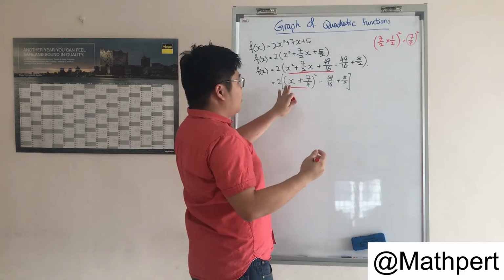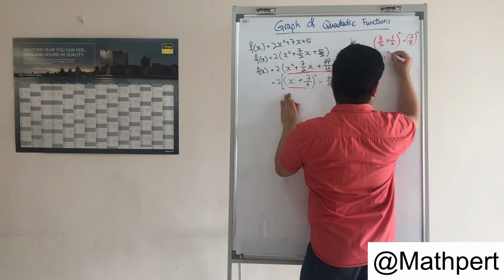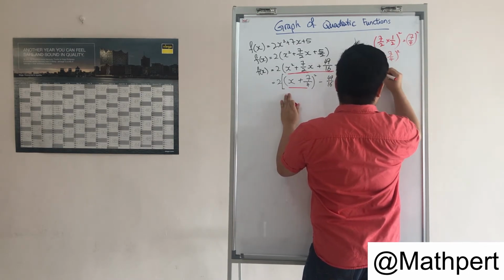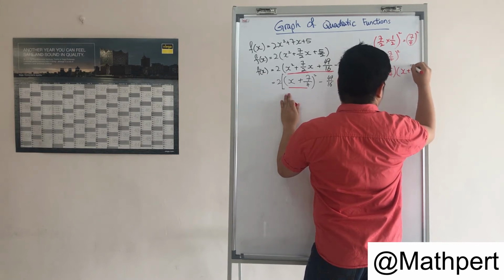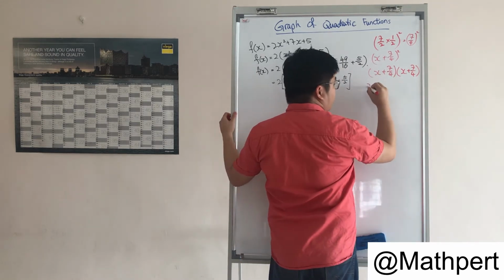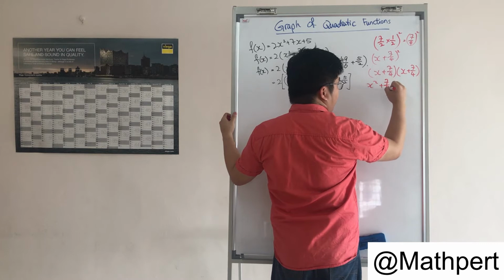x plus 7 over 4 squared becomes x plus 7 over 4 times x plus 7 over 4. So x multiply x, we get x squared. x multiply 7 over 4, we get 7 over 4 x.